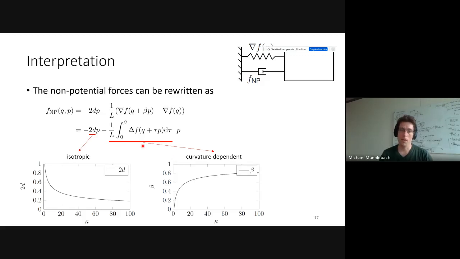But as kappa increases, this term goes to 0, and this term goes to 1. So for kappa very large, essentially this term dominates.